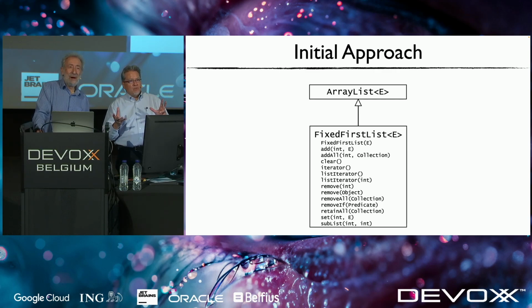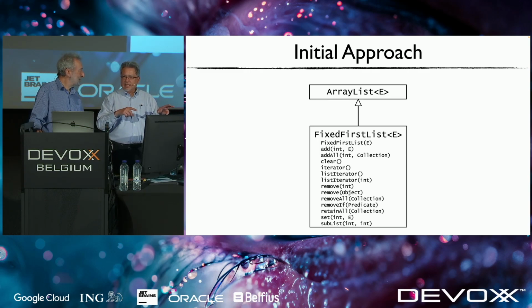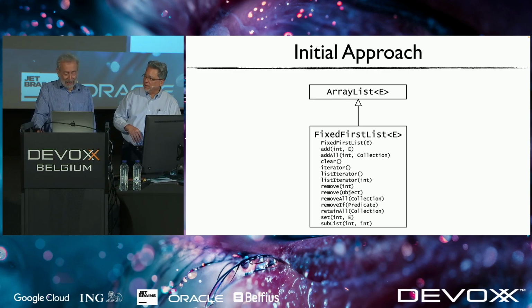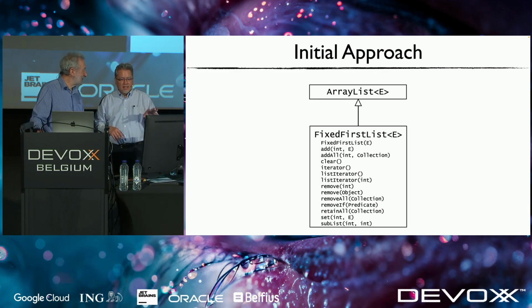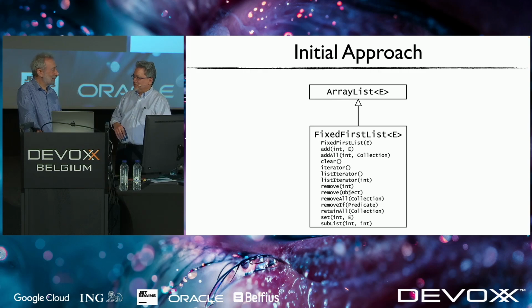So if your subrange includes that 0th element, then modifying the subList could also end up modifying the underlying list, which could break our invariants again. And the return value of subList is a list, which means I think we have to override all of these methods in the subList implementation as well.